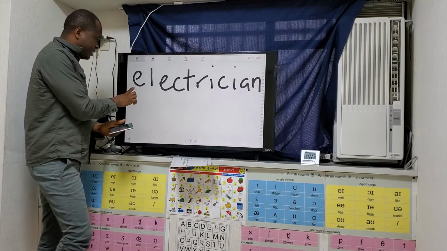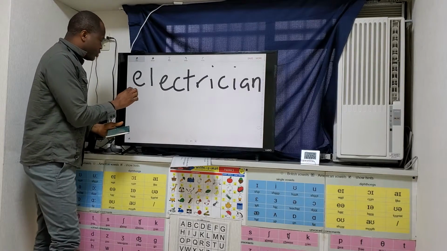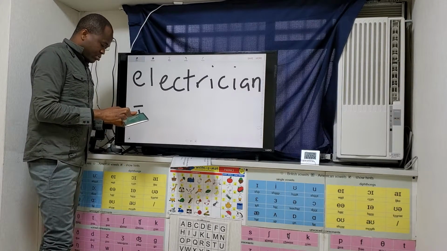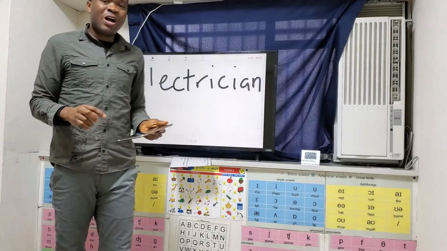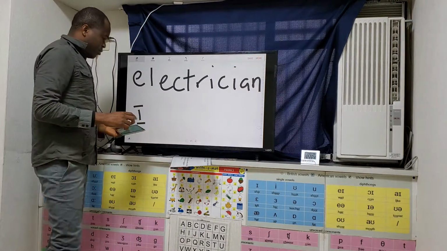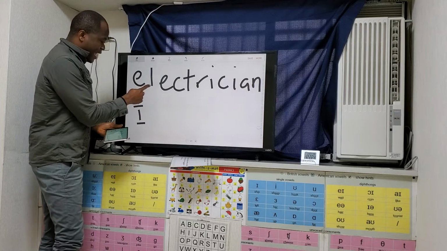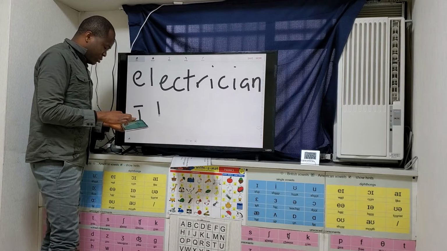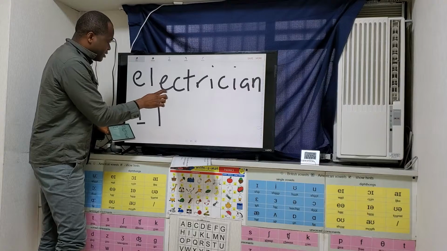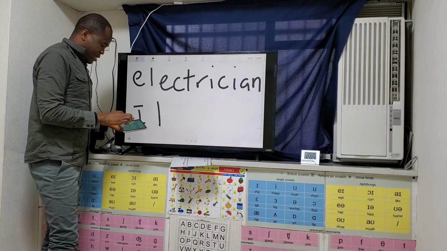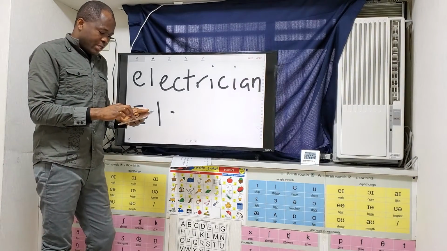The first one is going to change to the short vowel, for the British pronunciation. And you see the L doesn't change, but this one here is E, and in IPA it is written this way.